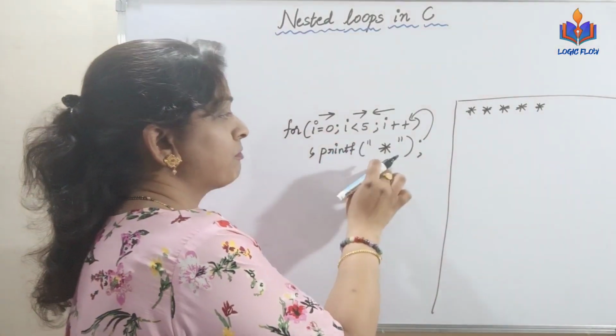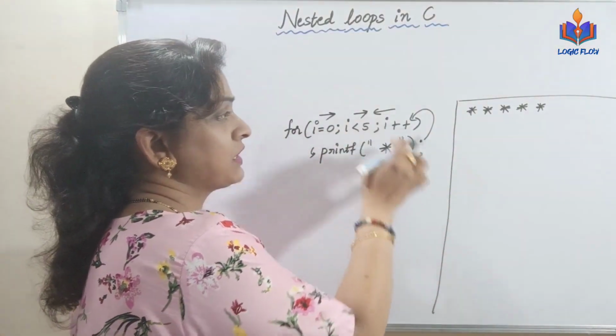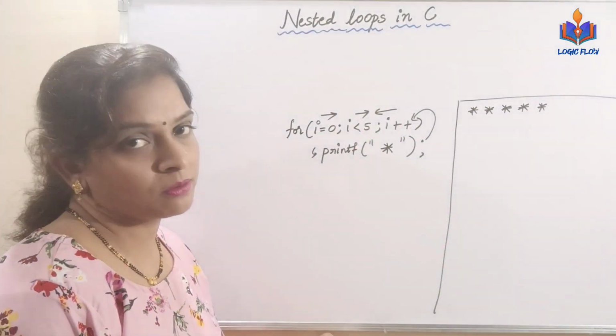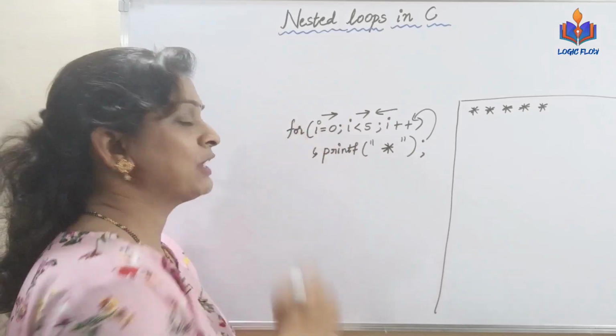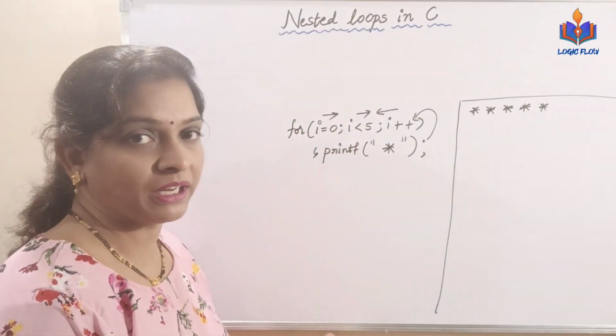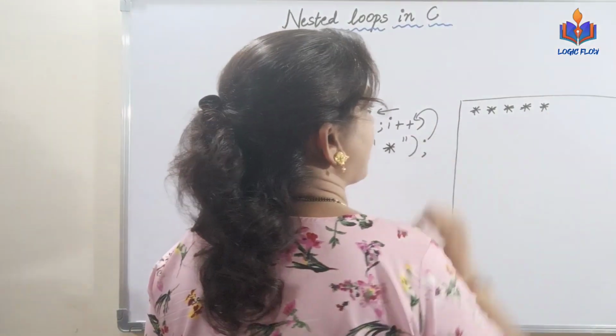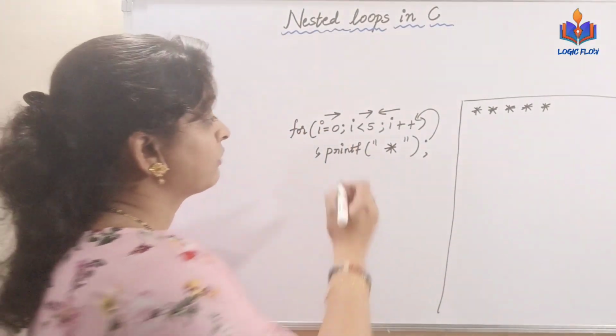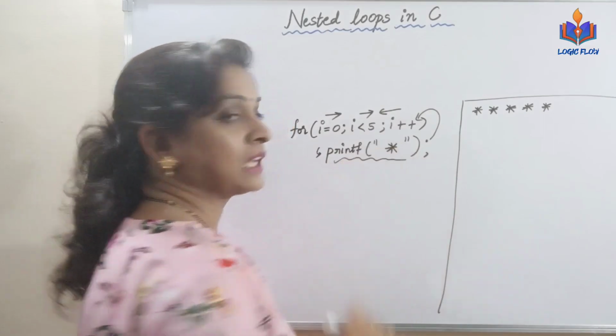When i becomes 5, 5 less than 5 fails and the loop terminates. So the star, displayed through the printf statement, got executed 5 times.